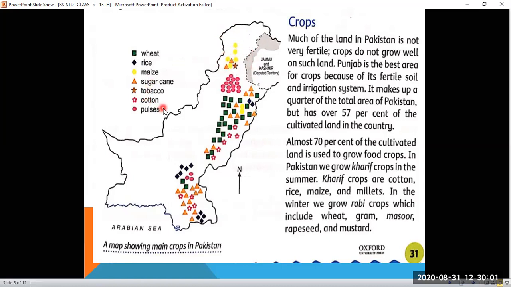And these are the cotton growing areas, mostly Punjab and Sindh, and pulses, mostly grown in the Punjab and little in KPK, and few in Sindh also. So this is the map showing the main crops in Pakistan.